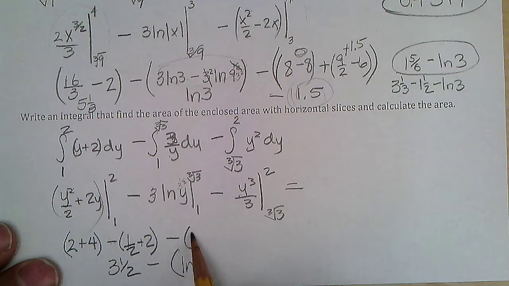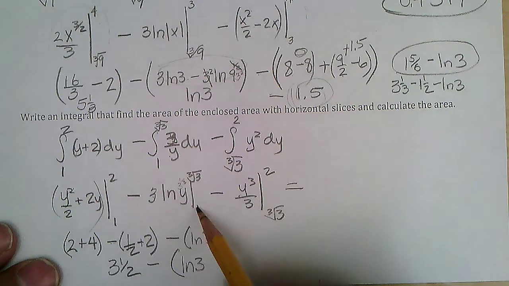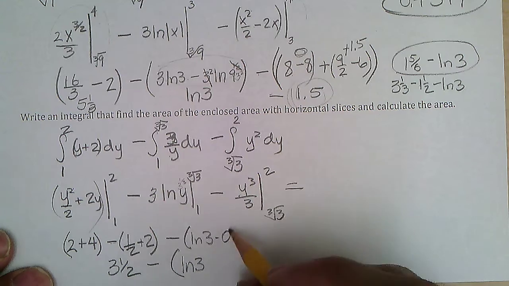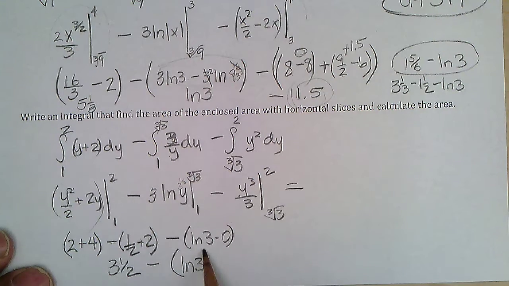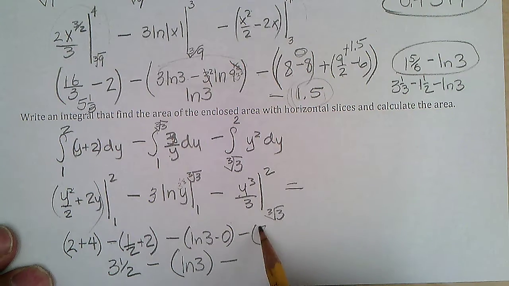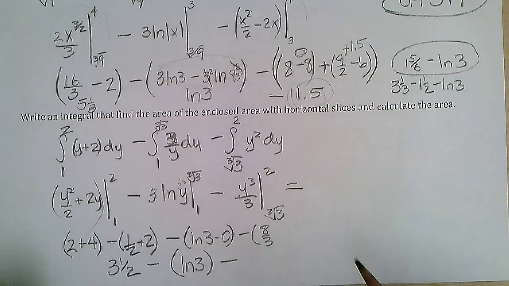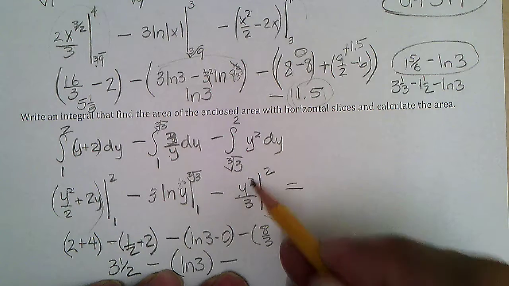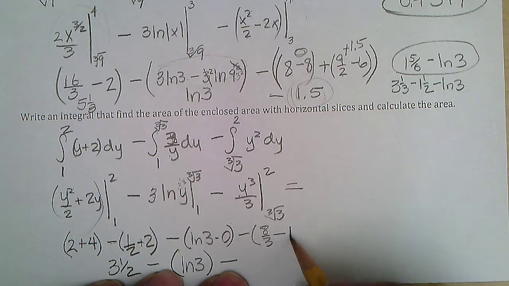Oops, let's do it here. ln 3, and then I'll put a 1 in there, and ln of 1 is 0, so minus 0. So that's ln of 3 minus, and now we're going to have 2 in there, which is 8/3. And then if I put the cube root of 3 in there, it's 3 over 3, which is 1.